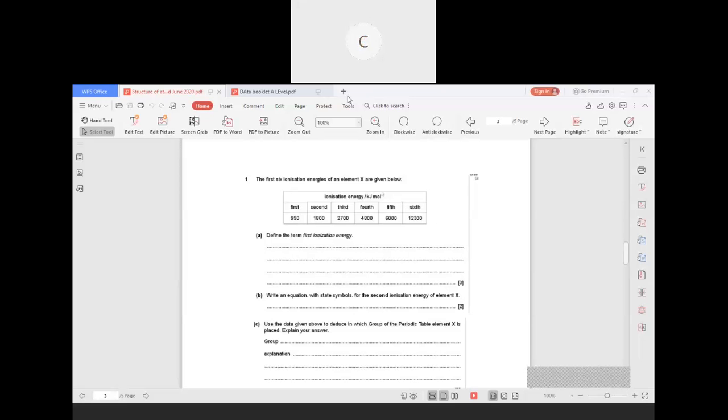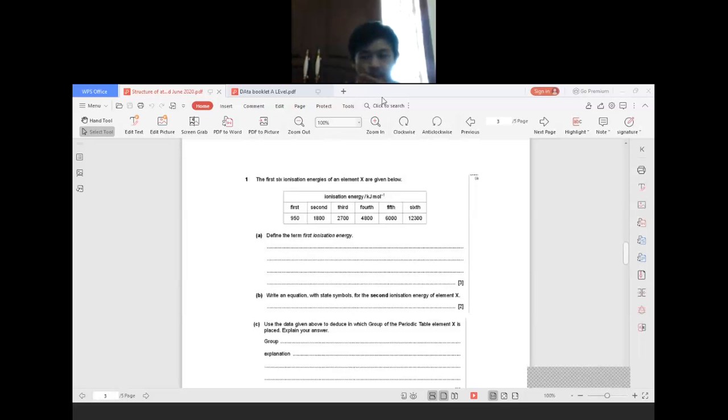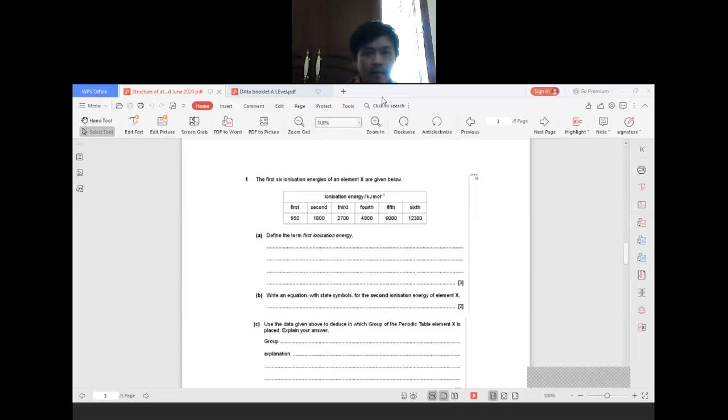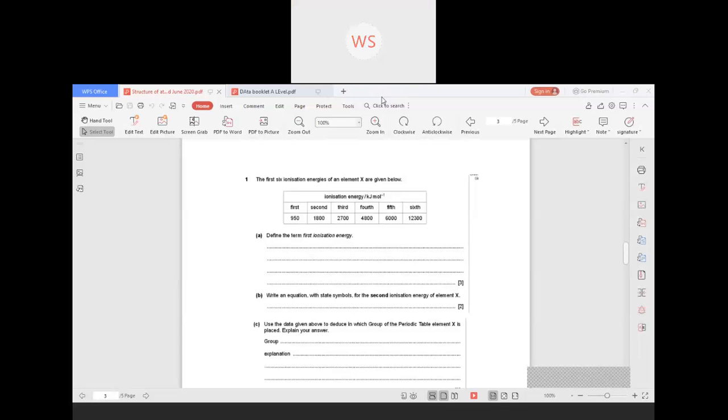Sherry, what is the chemical equation? X+ becomes X2+ plus e-. Yes, correct. So X+ becomes X2+ plus e-, the second ionization energy. And then use the data given above to deduce in which group of the Periodic Table element X is placed.